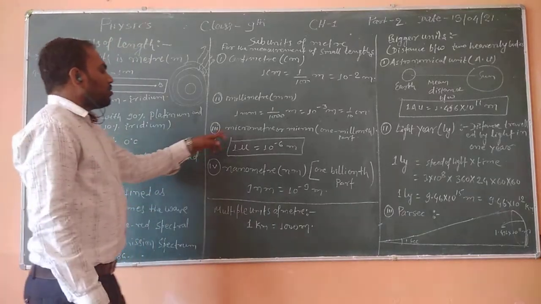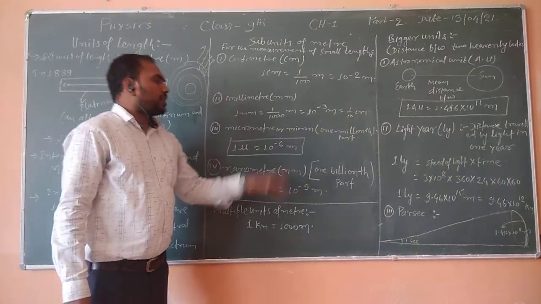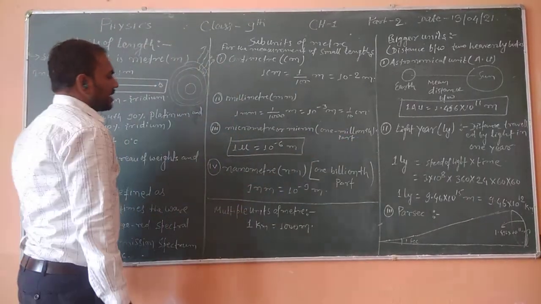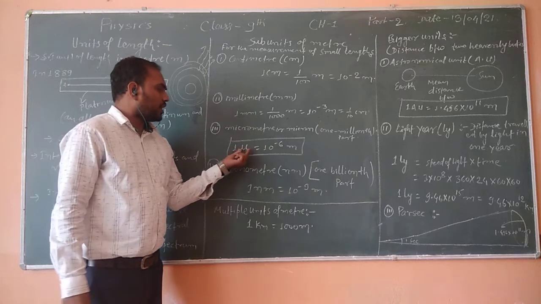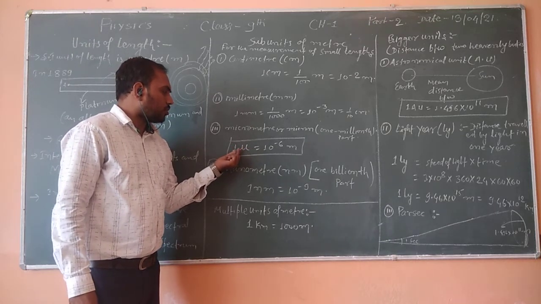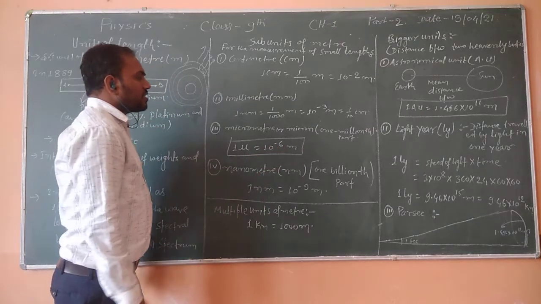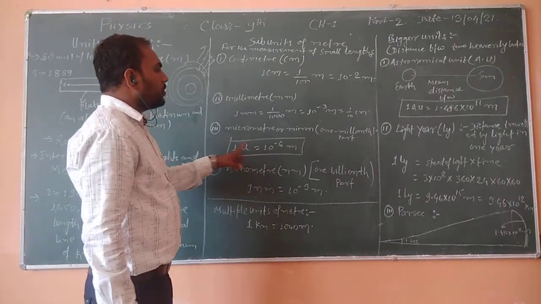Now 1 micrometer is a 1 millionth part. This is the symbol of micro, mu. 1 micrometer is equal to 10 to the power minus 6 meter.